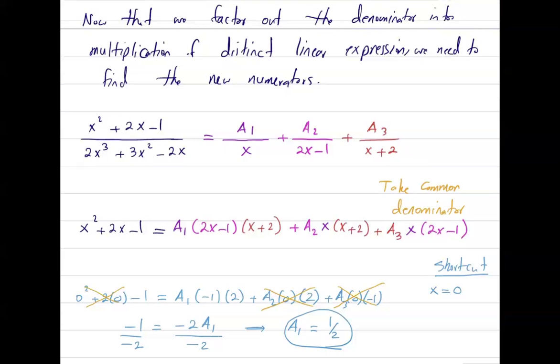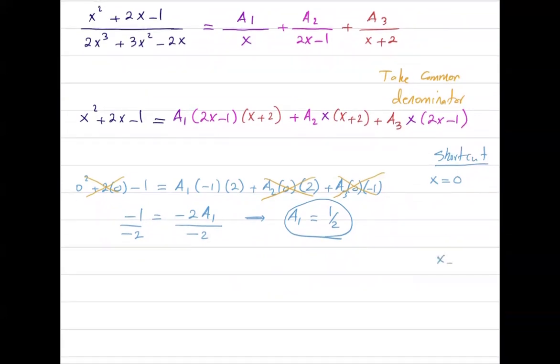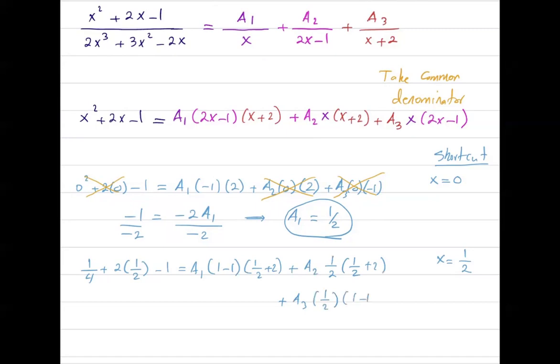So with the same argument, we're going to plug in, for example, x equals a half. Then we're going to plug in x equals negative 2. So if x is equal to a half, see what happens here. You get 1/4 plus 2 times a half minus 1 equals a1 times 1 minus 1, which is just 0, so you don't even have to plug that in here, plus a2 times a half plus 2, plus a3 times a half times 1 minus 1.